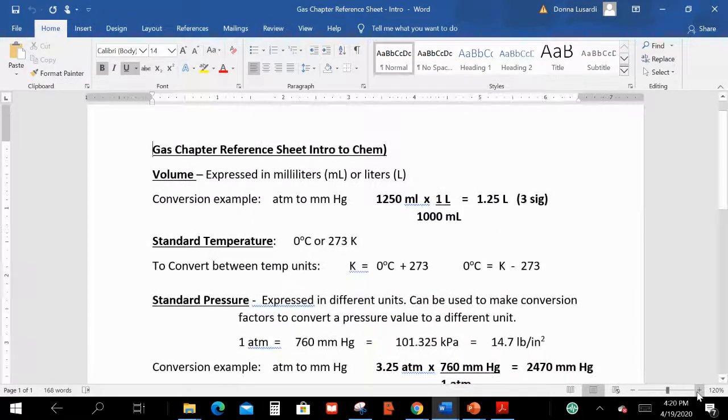It has a lot of useful information to help you solve problems in this chapter. It outlines the volume units you may encounter, milliliters and liters, and gives an example of converting milliliters to liters using the fact that 1 liter equals 1,000 mL.